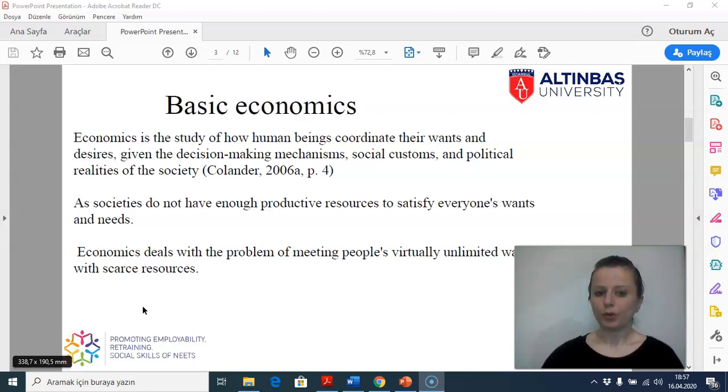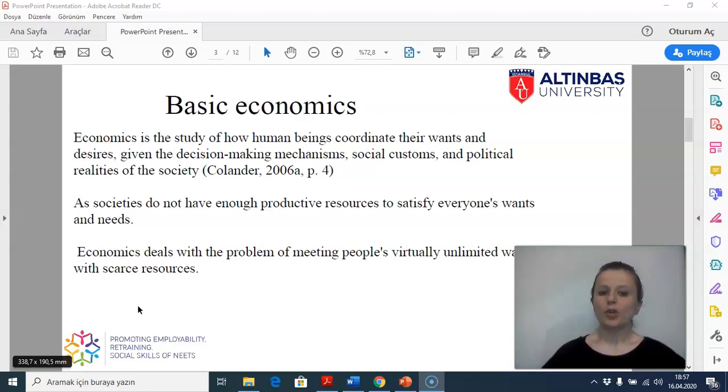In the textbook, economics is usually defined as the study of human beings coordinating their needs and desires given the decision-making mechanism, social customs, and political realities of the society that they live in. So simply, if you realize, it is not only about money, but a broader concept covering all of the dynamics that we are surrounded by.